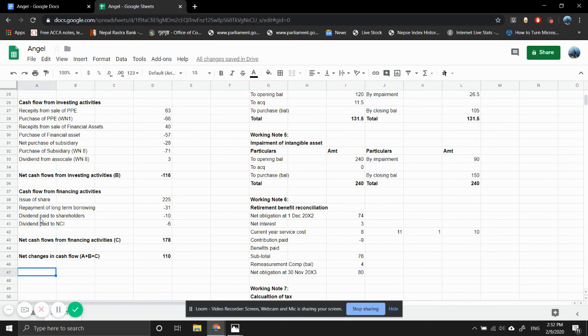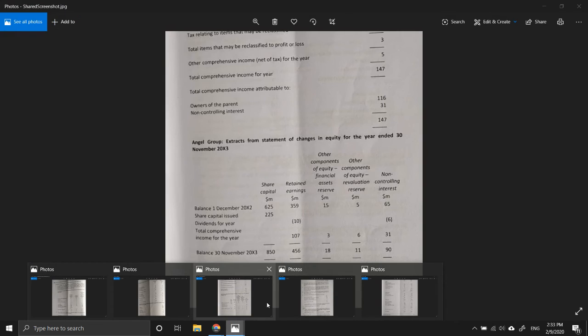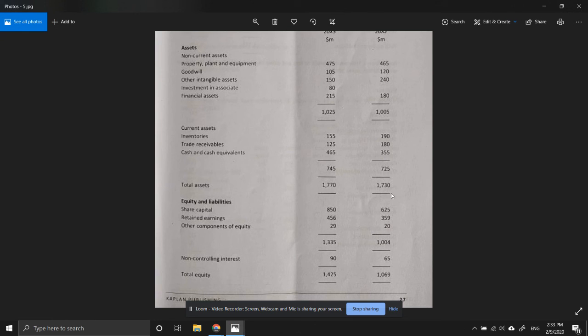And then what was our opening cash? Add opening cash and cash equivalent. Where is our cash and cash equivalent? 355.